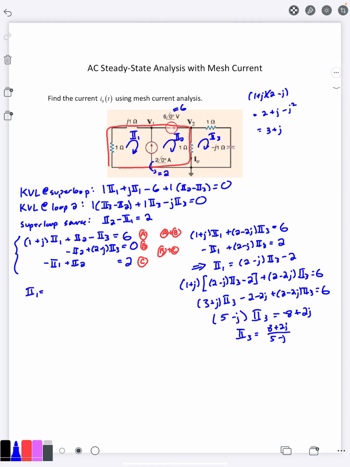I1 is 2 minus j times this, 8 plus 2j over 5 minus j, minus 2. And I'm going to need I2 here, and I can use maybe this equation. Looks like I2 is equal to 2 plus I1. So that's 2 plus this quantity I just found out.